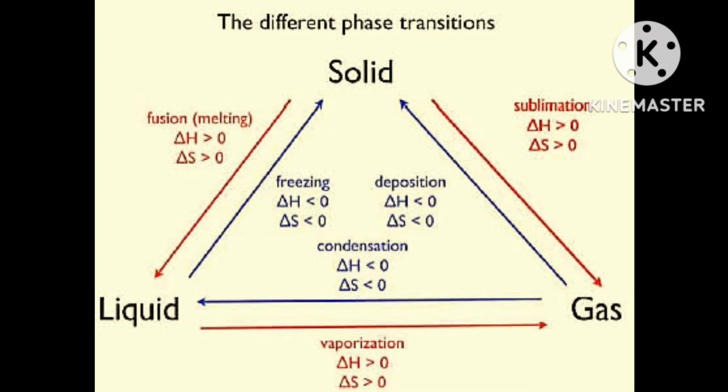Then what will happen? It will be observed that the mercury level in the right limb of the manometer slowly increases. Means pressure will increase and finally attains a constant value.